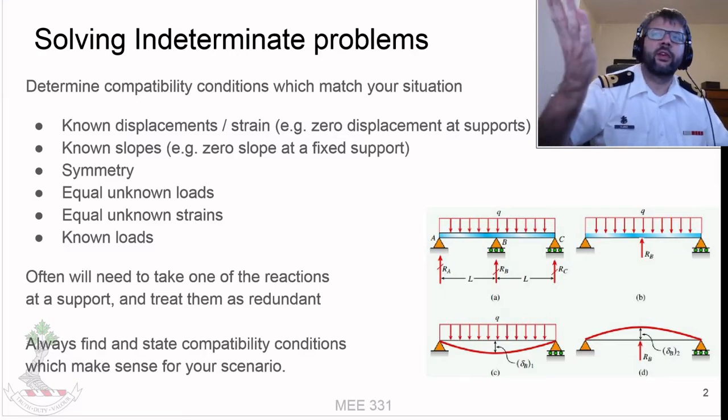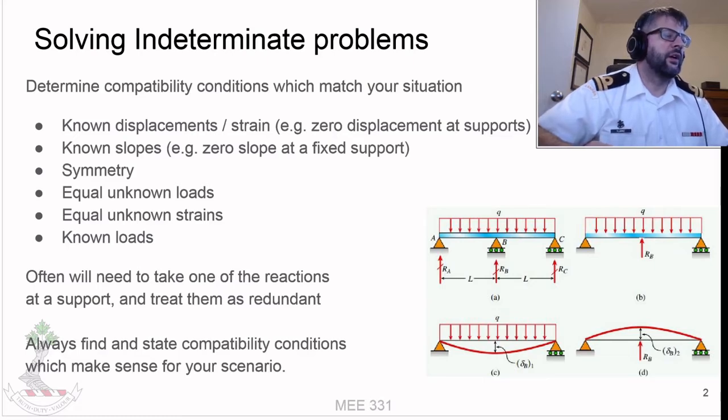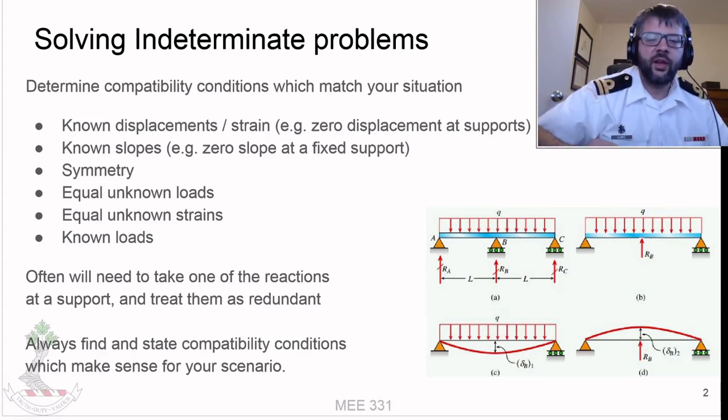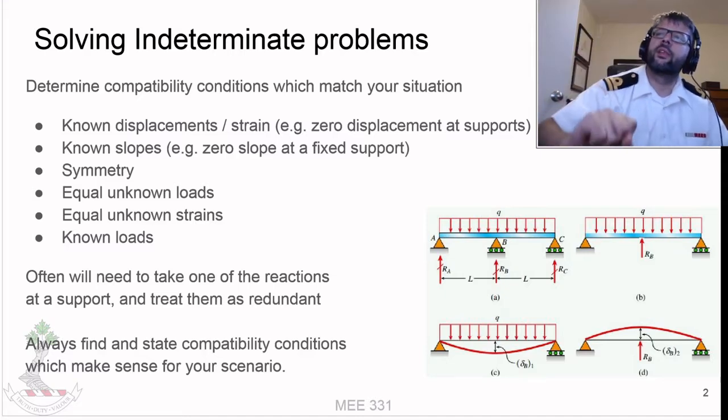So, for example, for equal unknown strains, a good example would be a carbon fiber composite. So when you're figuring out how the carbon fiber composite reacts, actually, that kind of works for both of those.